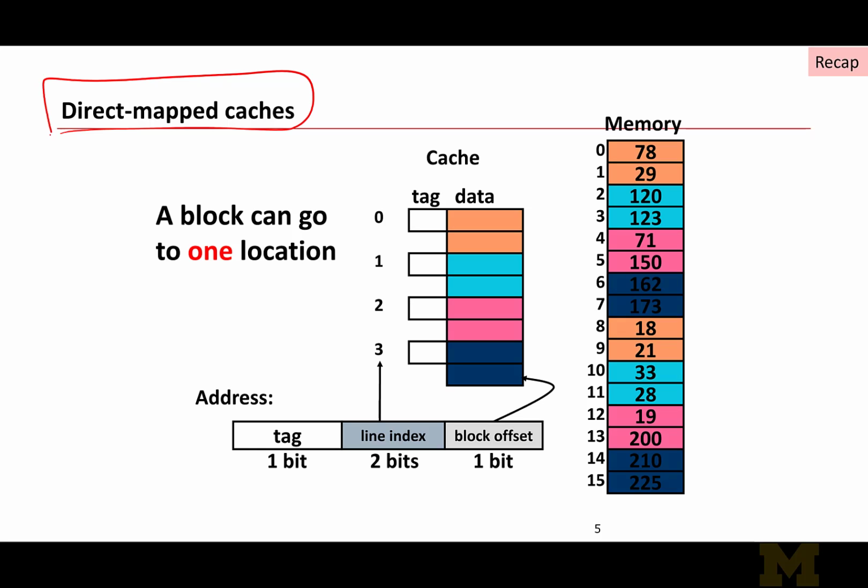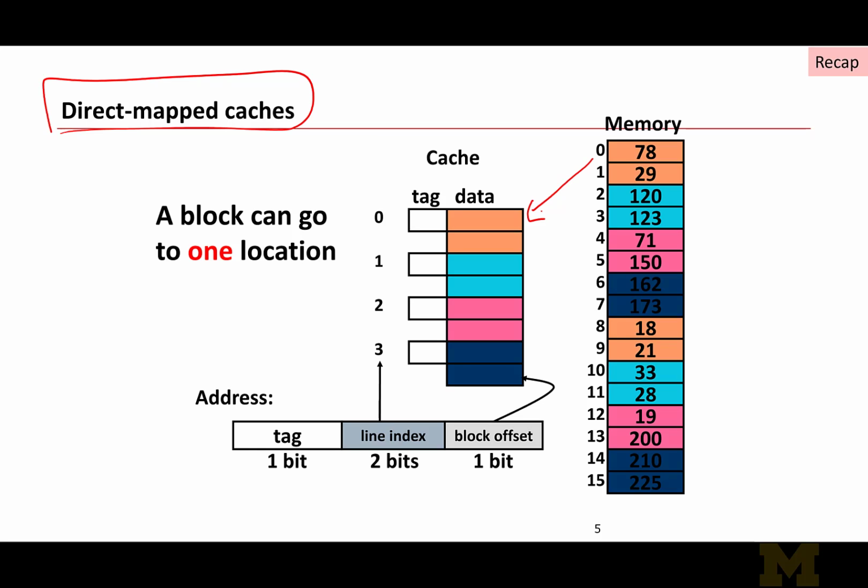We said, well, the problem is, given an address, I need to go and compare all these tags, and that is too expensive. So how about I reduce the number of possibilities by saying a given cache block can be mapped to exactly 1 cache line in the cache.